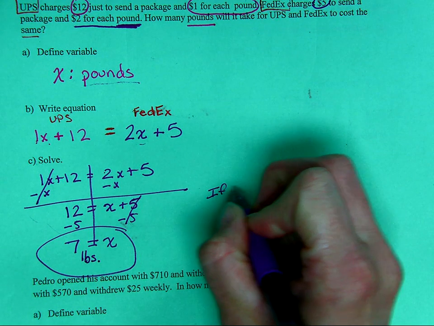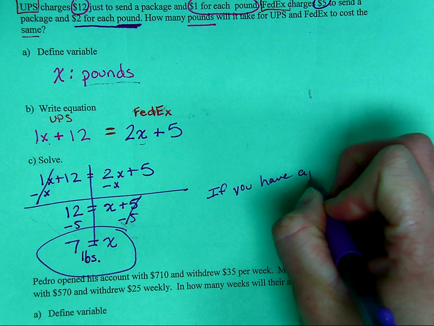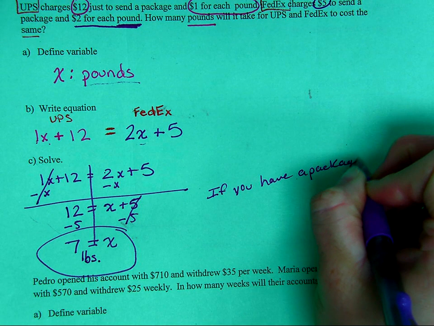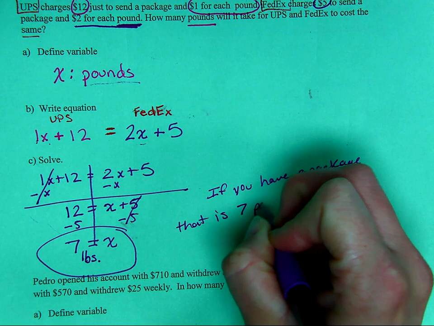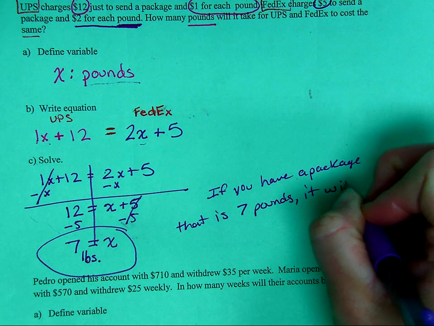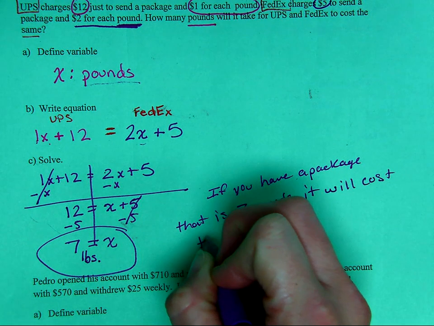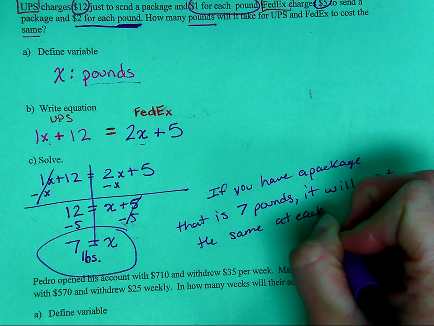So if you have a package that is 7 pounds, it will cost the same at each company.